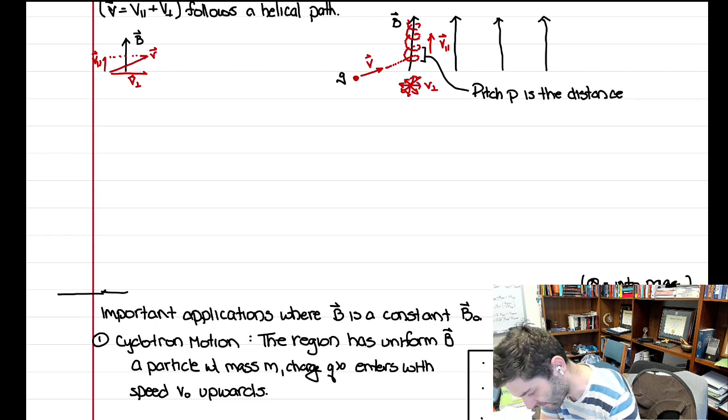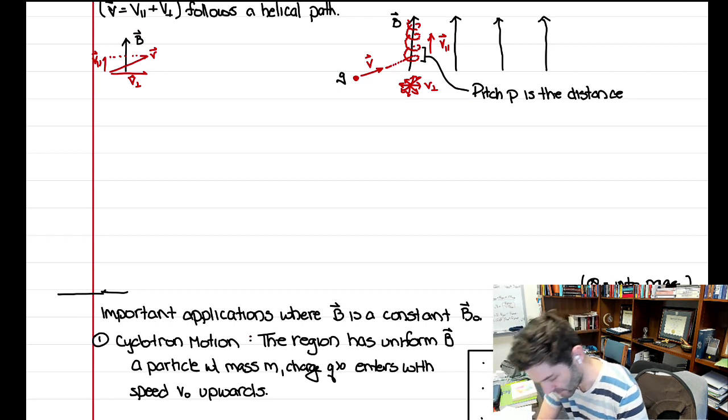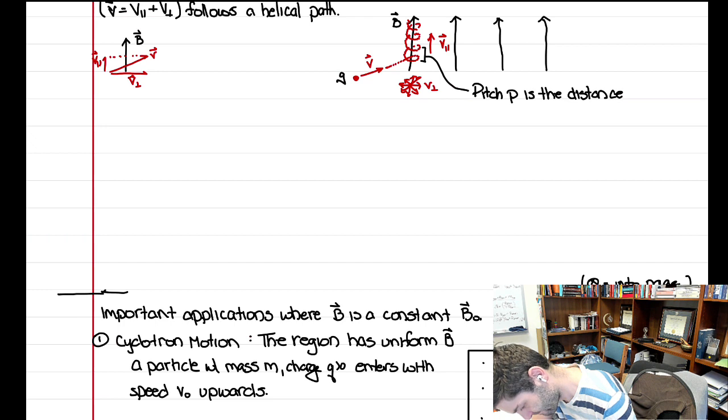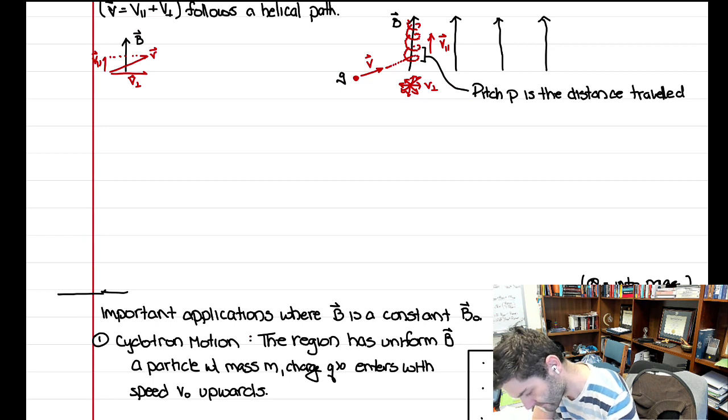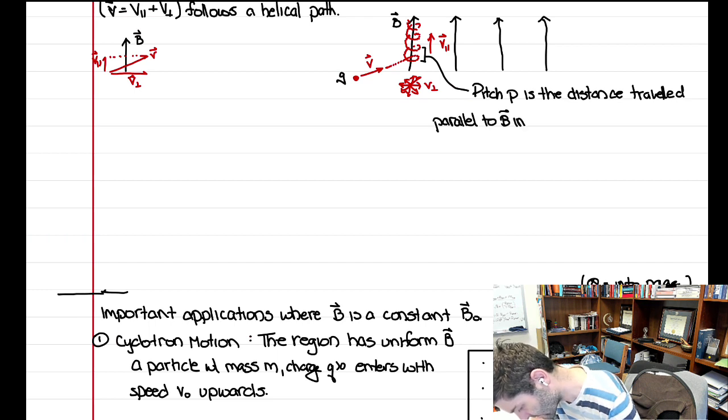It's the distance traveled by the charge, essentially, in one loop or in one period. It's the distance traveled parallel or anti-parallel to B in one loop, or one period T.